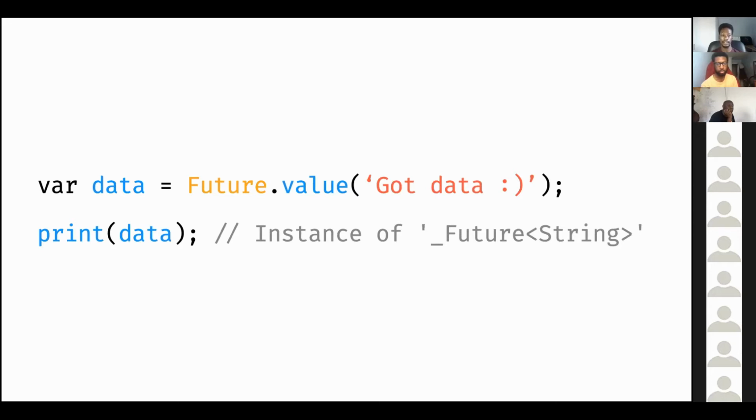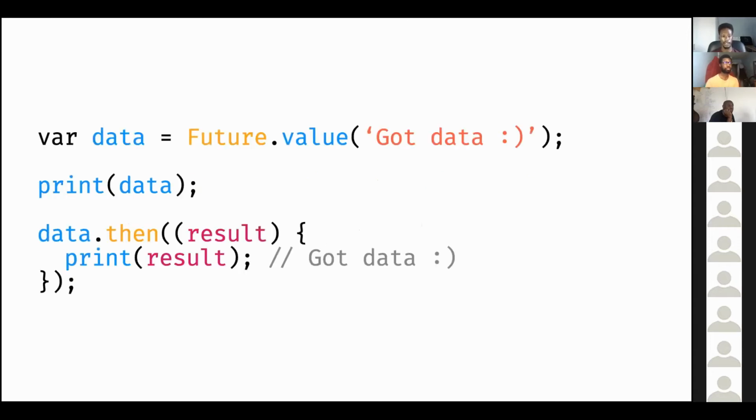To get the actual value back, we need to use a couple of methods that are exposed by the future object. One of them is called .then. With this one, we define a function that contains the result of the future. So we're saying whenever the future returns a result, whether it's 5 minutes or 50 years, we can just print it out.